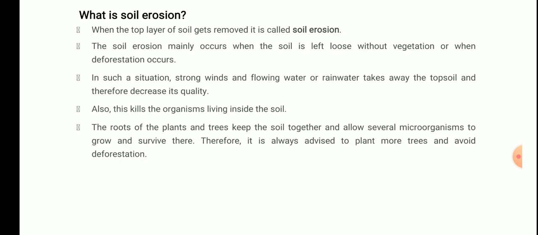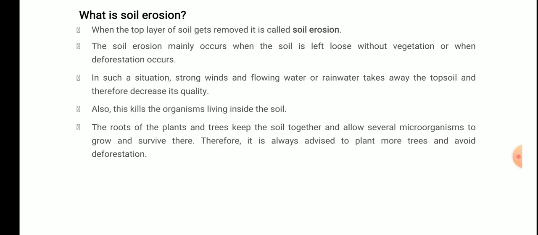The basic reason is deforestation, and once there is less deforestation, the plants can easily hold the soil with the help of their roots, and it can prevent soil erosion. Otherwise the topmost layer of the soil will get removed, the fertility will decrease, and the amount of nutrients will decrease. The organisms that are helpful for us will die, and eventually it will result in the loss of the crop.